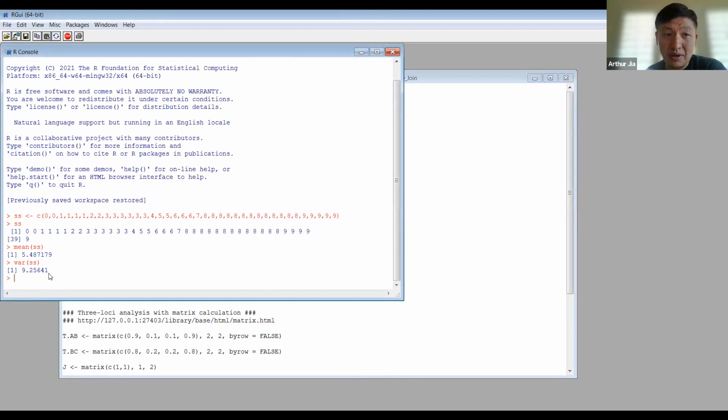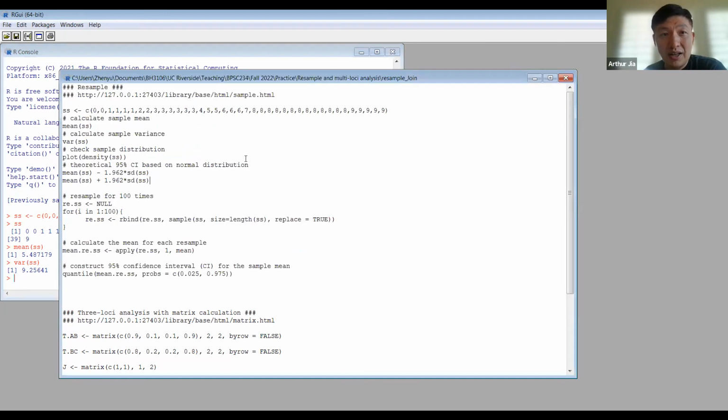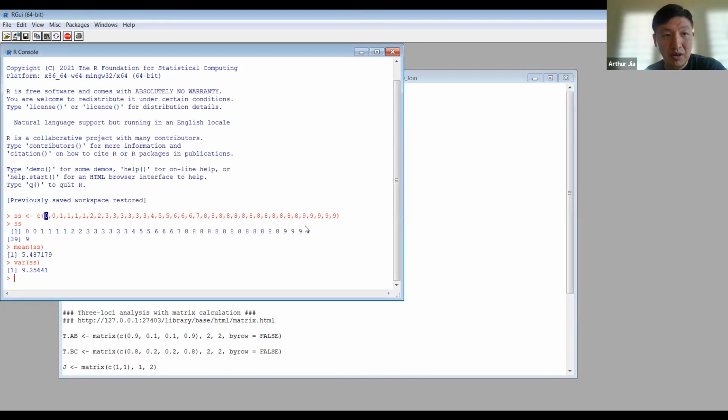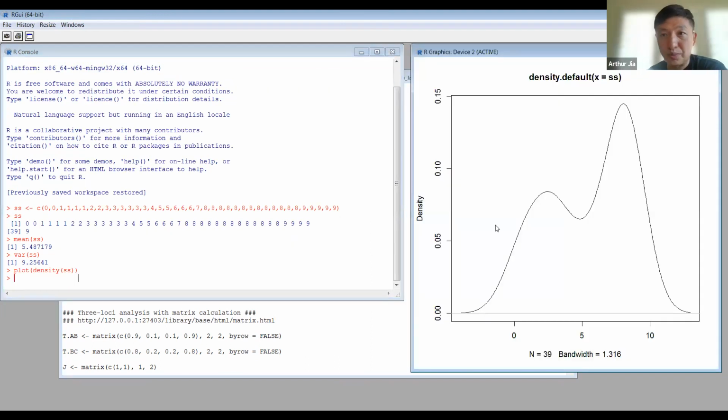The variance is relatively large, right? Why is that? Because if you plot the density distribution of your data, your sample, as you can see, it's not a normal distribution, right?